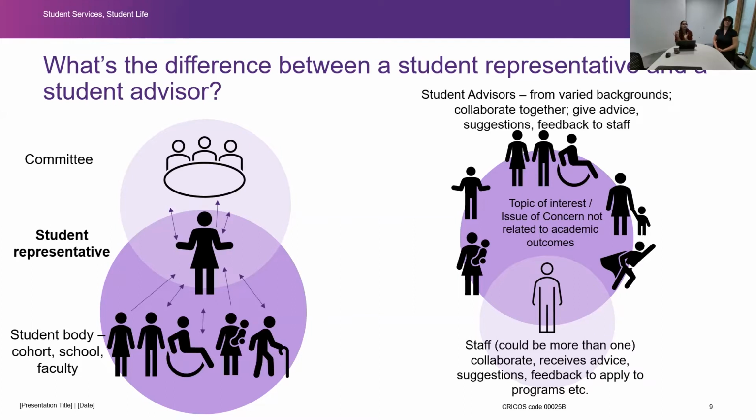And then in a student advisory group, there is a selection of diverse students that might come together around a common interest topic. And there's a staff member who is there to understand what students are talking about, what they feel about a particular issue. For example, there are student advisory groups around age-friendly universities.